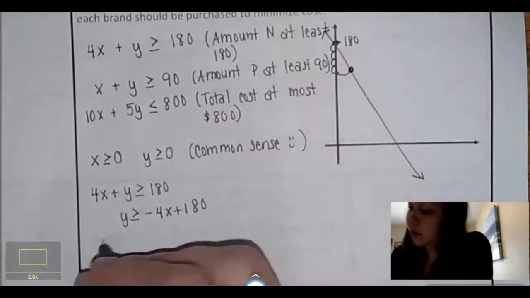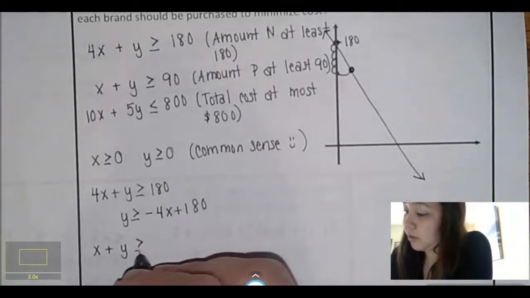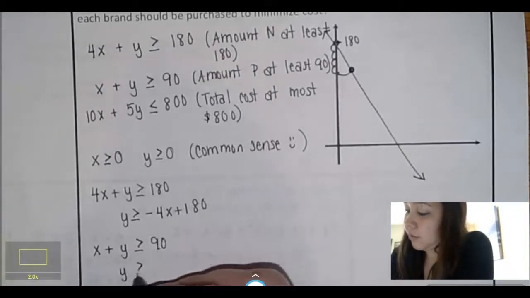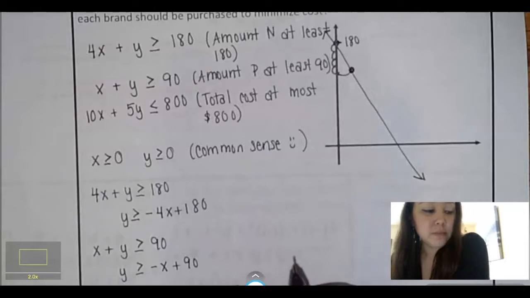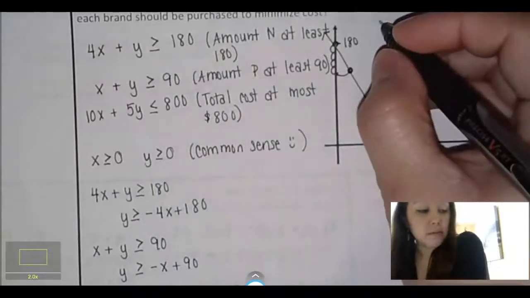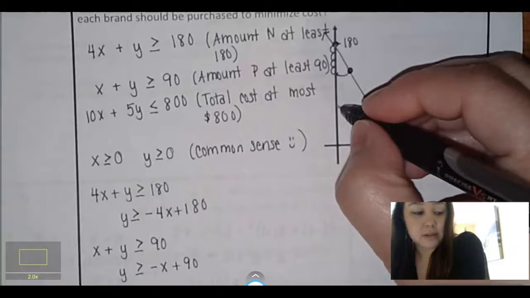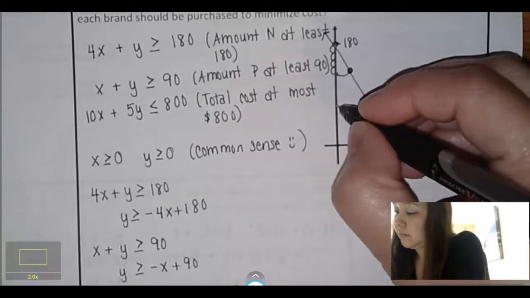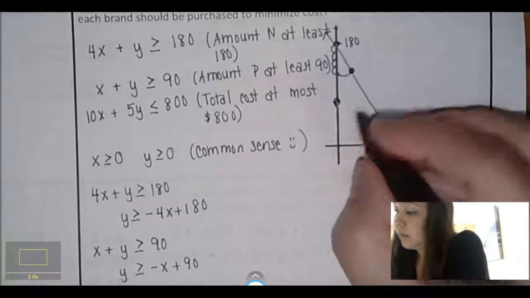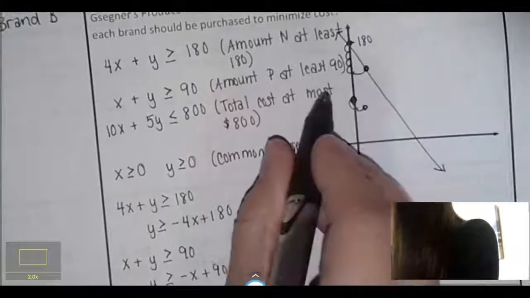My next one, I've got x plus y greater than or equal to 90. Y is greater than or equal to negative x plus 90. So 90 is going to be about halfway, and we go down 1 over 1.